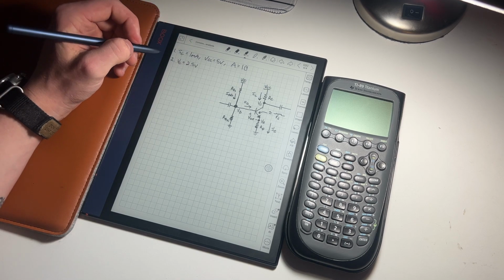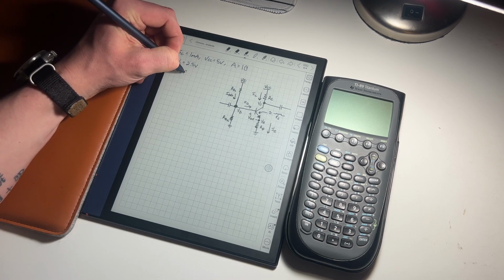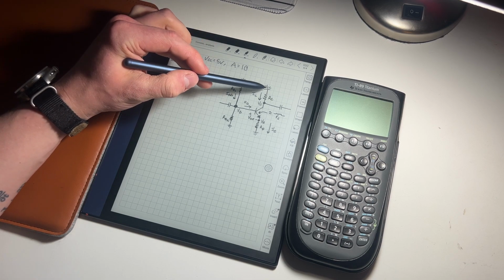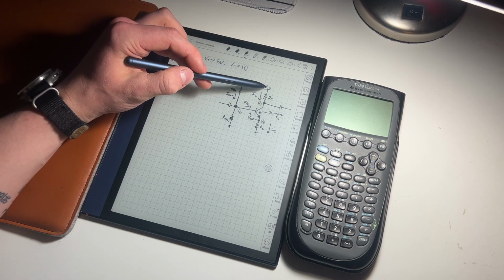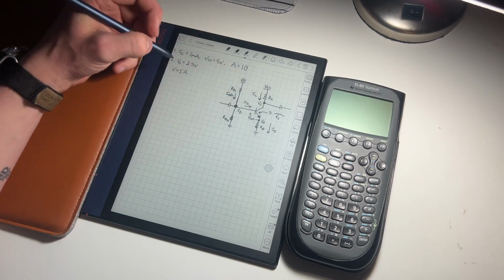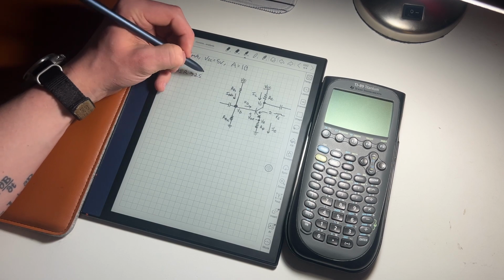To do that, I take Ohm's law, V equals IR. I set it equal to the difference in my voltages across this resistor, which in this case is just half of the supply voltage, so 2.5 volts.